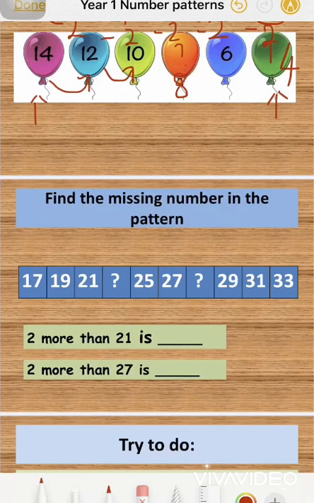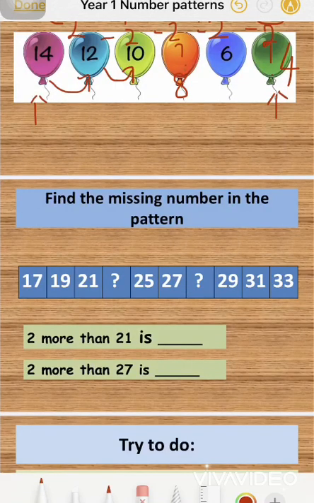So now look at this number pattern. Before we start to do, we need to identify whether the number pattern from the beginning to the end is getting bigger or getting smaller.